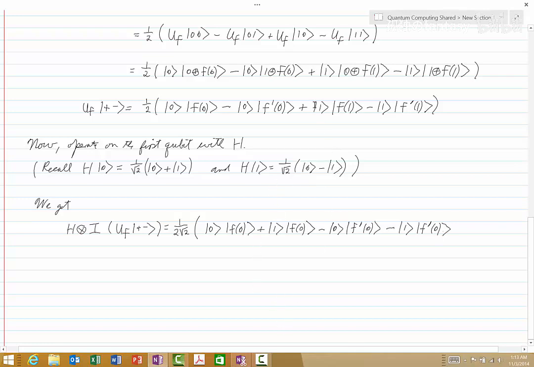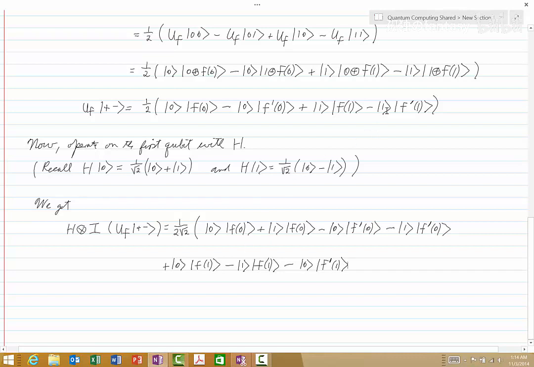And now when we operate on this qubit with H, we will get plus 0 F of 1, and now remember that H of 1 has a minus sign here, so we'll get minus 1 F of 1, and then finally when we operate on this one with an H, and keep in mind it already has a minus sign out here, so we will get minus 0 F prime of 1.